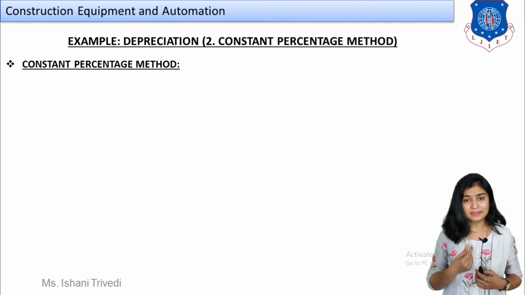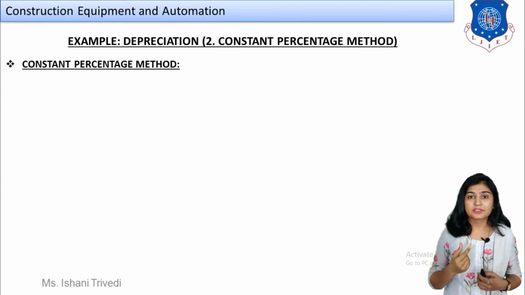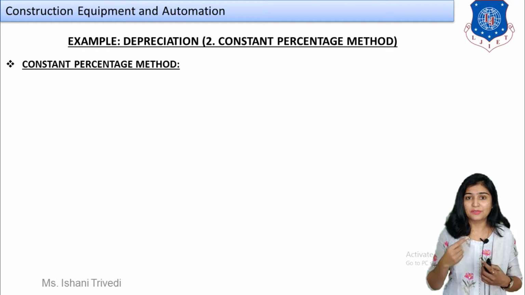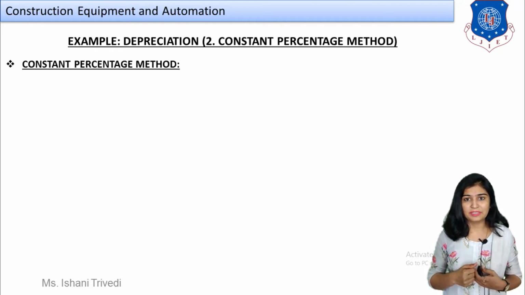What is S? Salvage value or scrap value. And what is N? That is the total useful life of the equipment. So that gave you a particular value of depreciation, considered to be the annual depreciation, so that every year that fixed amount will be calculated as depreciation.